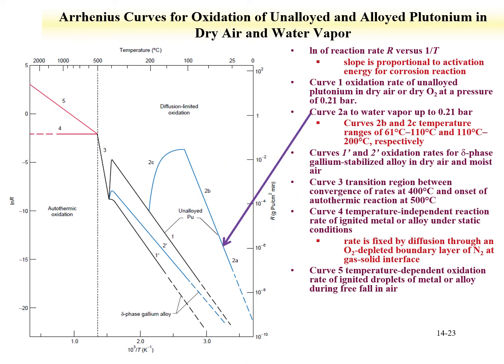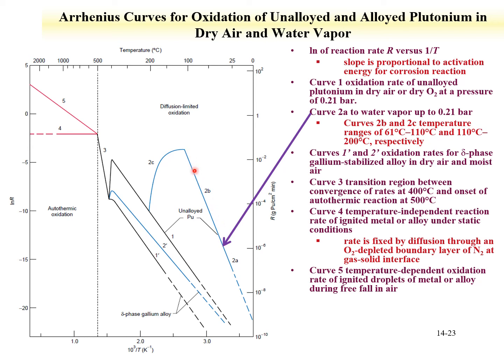This other curve, where we have our rates higher at the same temperature. So as we see here, 100 degrees, 200 degrees, this is the inverse of the temperature down here. We see that this includes water vapor up to 0.21 bar. We see that this has been examined over a few temperature ranges.